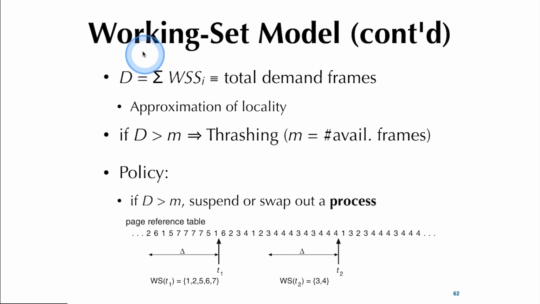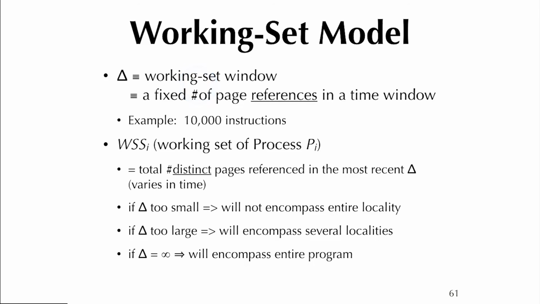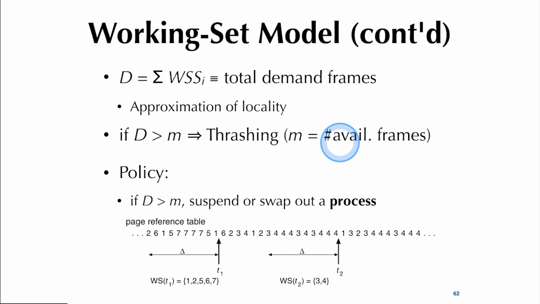WSS sub i is the working set of process i. If you sum up the working sets of all processes, that's the total demand for frames, and that approximates your locality, because you're still doing page granularity. If the total demand is greater than your number of available frames, then you get into thrashing, right? This is summed across different processes. Now, what can you do?